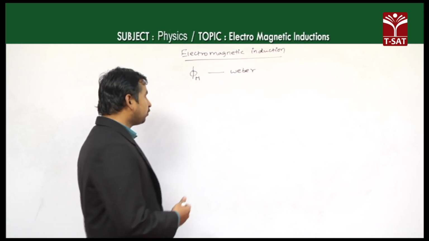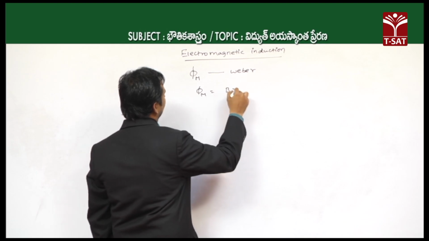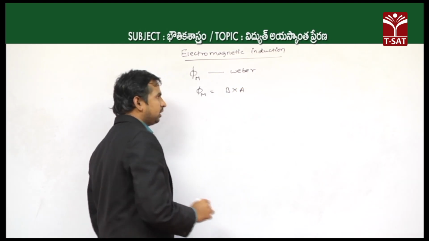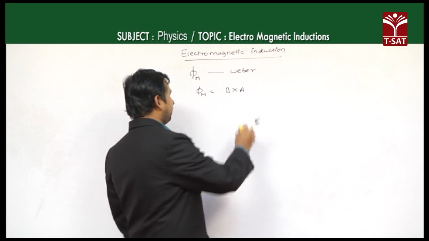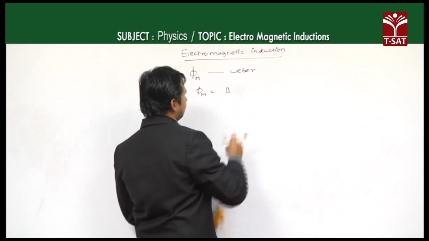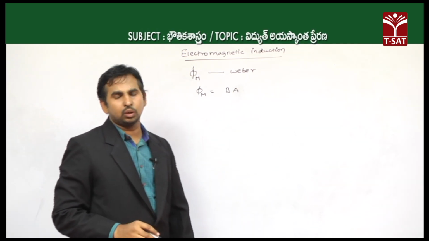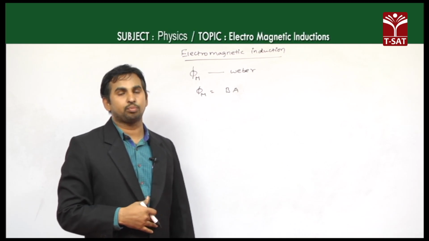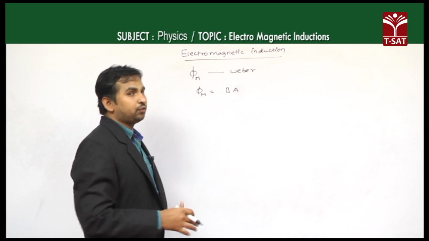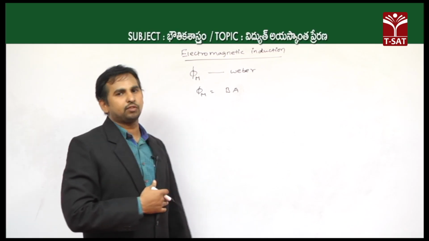The magnetic flux formula is phi is equal to B cross A, or B dot A, or BA. If the lines go perpendicular to the area, the flux is always maximum. But if they go parallel, we get a minimum flux.